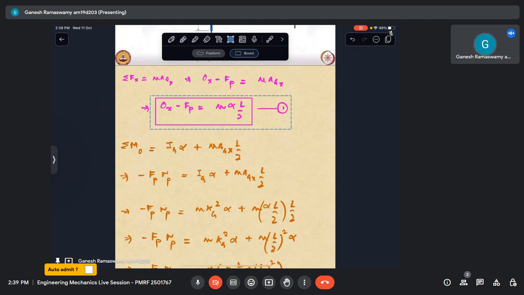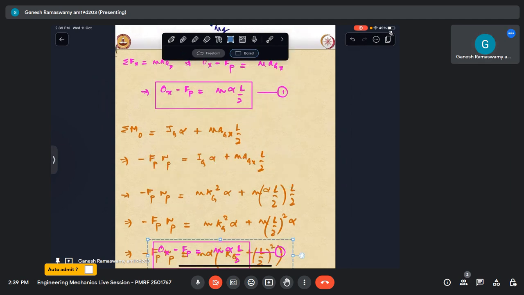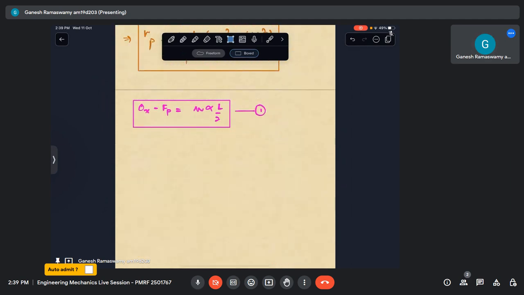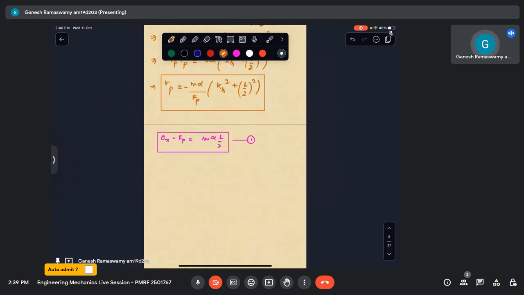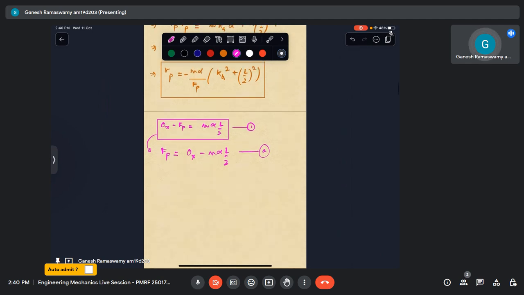If I were to see this equation and then substitute it here, what will I get? From this equation, I can see that Fp is nothing but Ox minus m alpha L by 2. So this is, let us say, equation A, which is nothing but equation 1 in a different form. So if I were to substitute this into my above equation, what will I get?